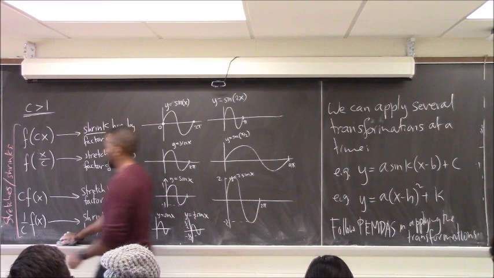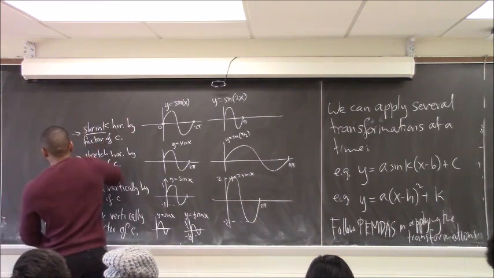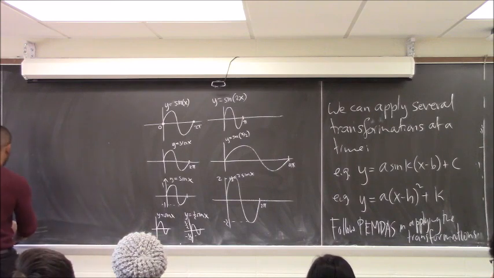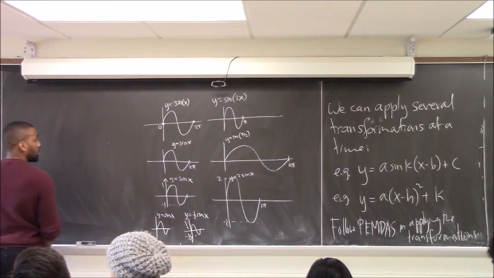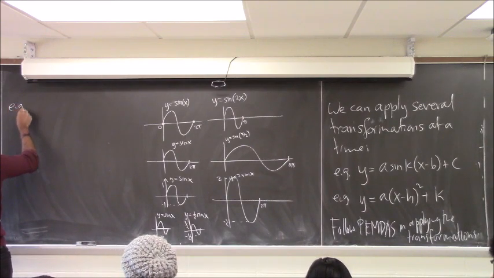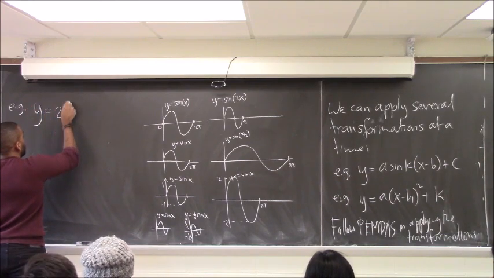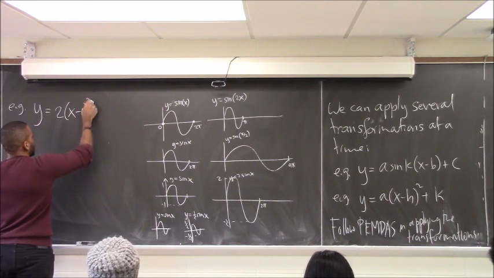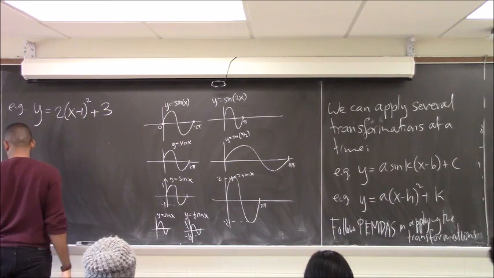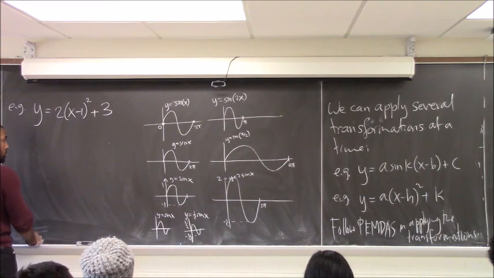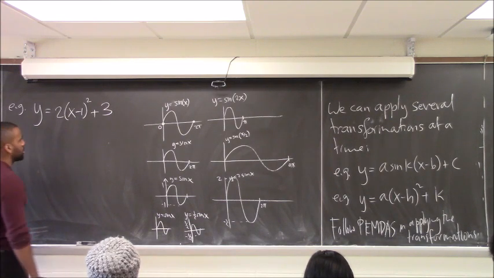Say y equals 2 times x minus 1 squared plus 3. Do you guys have any trouble?